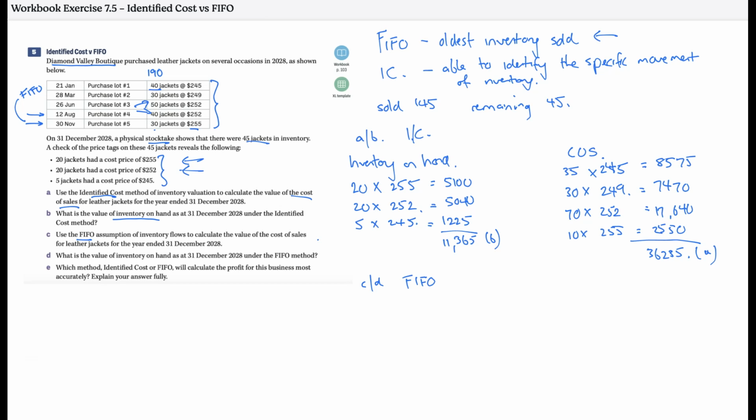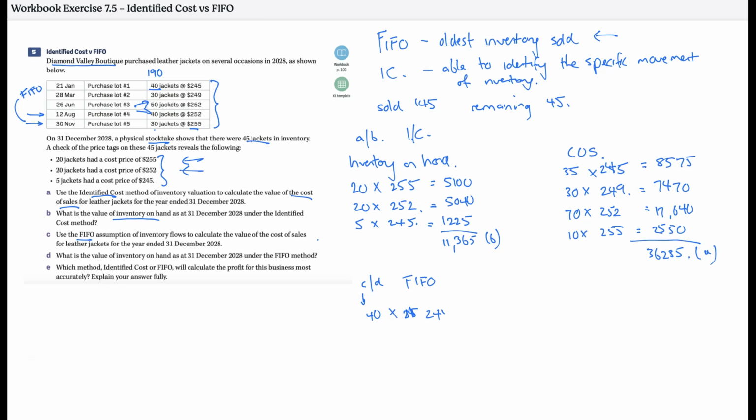So that would mean for C, and we'll do C first this time, all of the 21st of January, all of the 28th of March, all of the 26th of June, and a proportion of the 12th of August were the jackets that were sold. And that means all 40 of our $245 ones. Sorry, I've made a mistake.